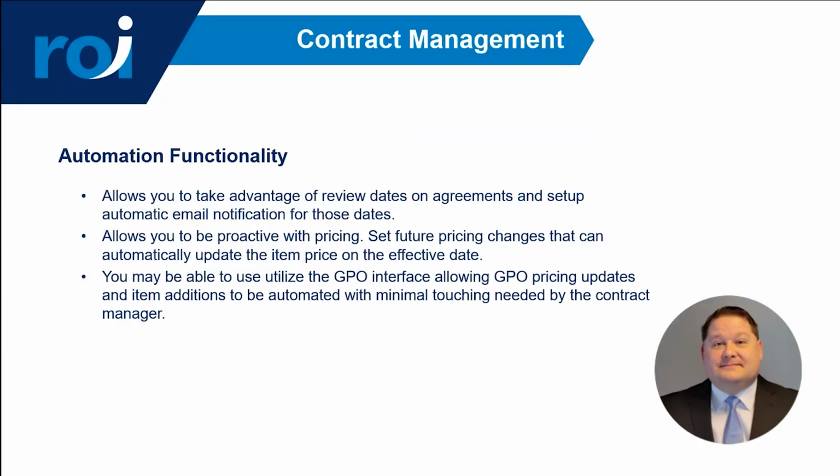It'll automatically add new items. So if you have 4 new items on a new price file, it can automatically add those to that contract. But you're still going to be reviewing those, anything that may change prices, anything that may have a unit of measure issue, anything that may have an item master number that needs to be looked at.